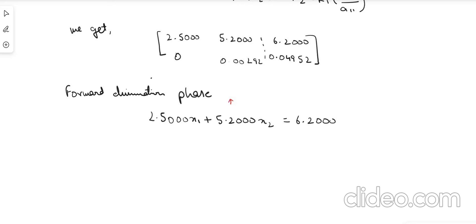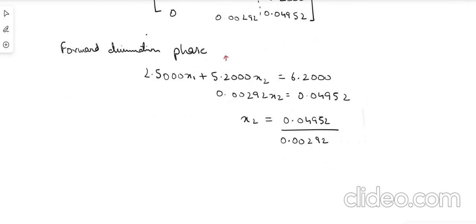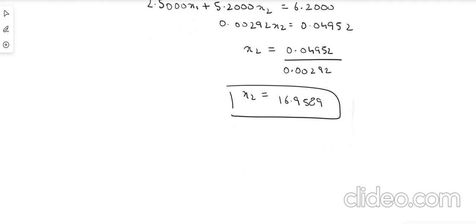Now solving from the second equation, 0.00292 x2 equal to 0.04952. From here we get the value of x2, that is 0.04952 upon 0.00292, that is x2 will be 16.9589. This is the value of x2 which we get from solving the second equation.